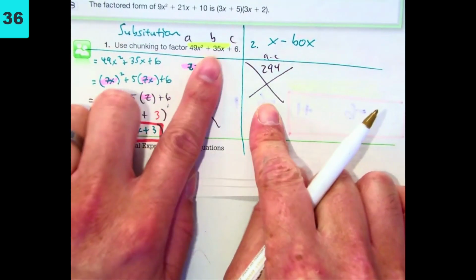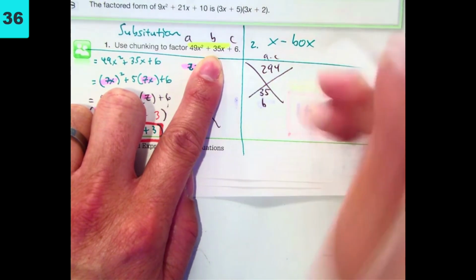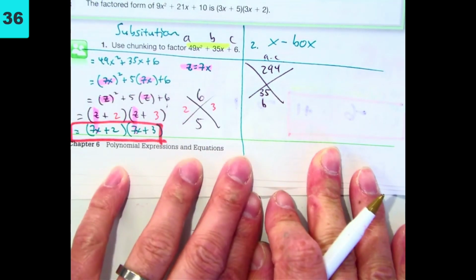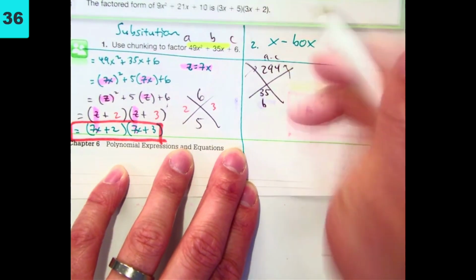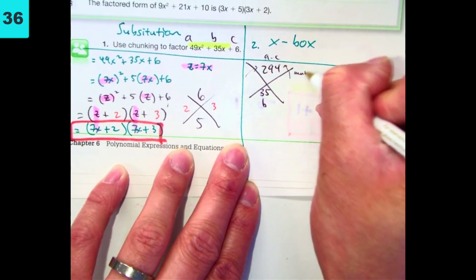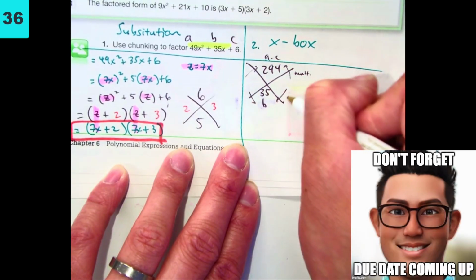And then my B value, which is how much? 35. I need to think of two numbers that multiply to be 294, but the same two numbers will also add to be 35.